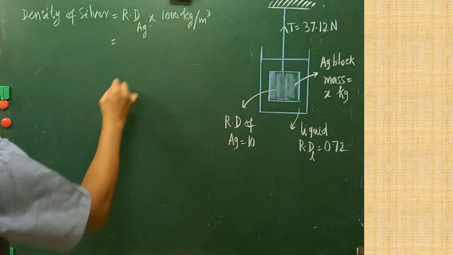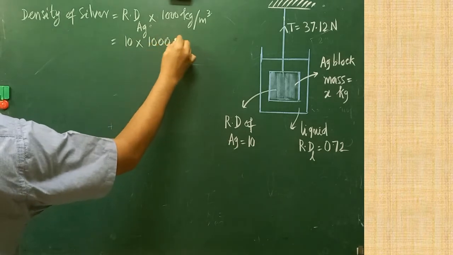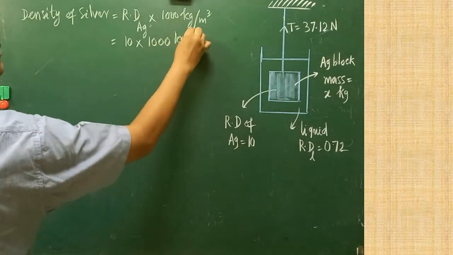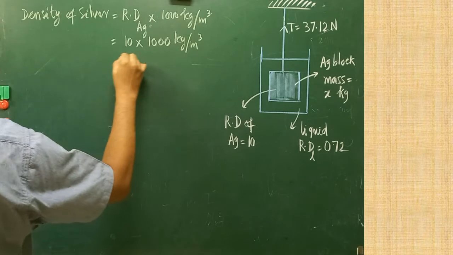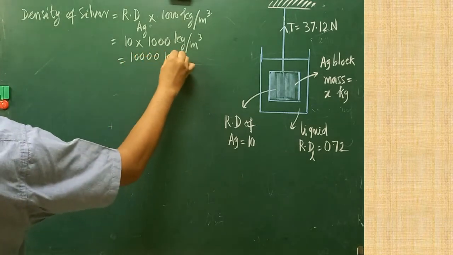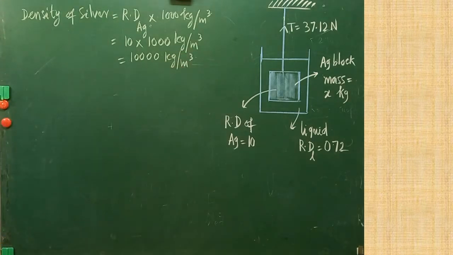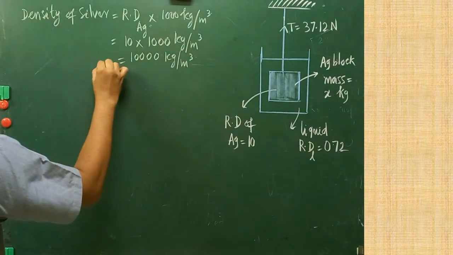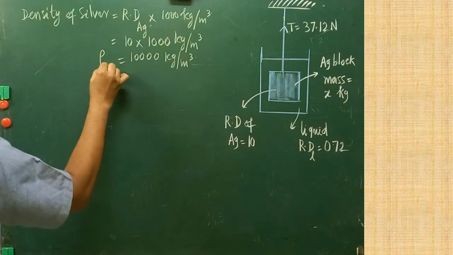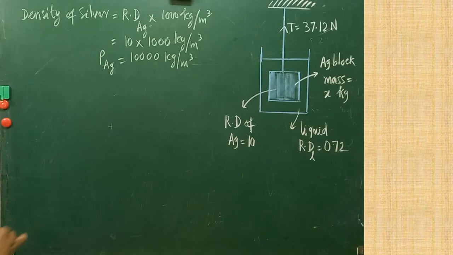Substitute here 10 into 1000 kg per meter cube. So you will get 10,000 kg per meter cube. That is the value of the density of silver. That can be named as rho, rho of Ag. So we can assign some symbols.